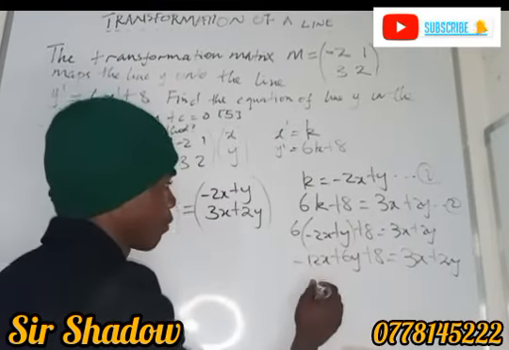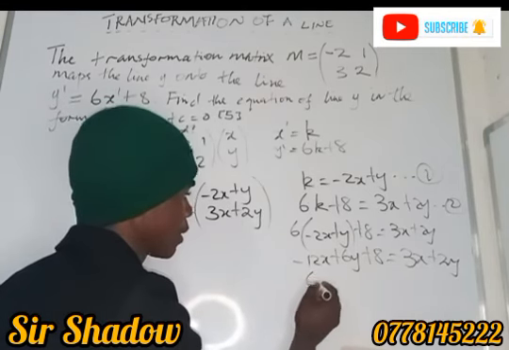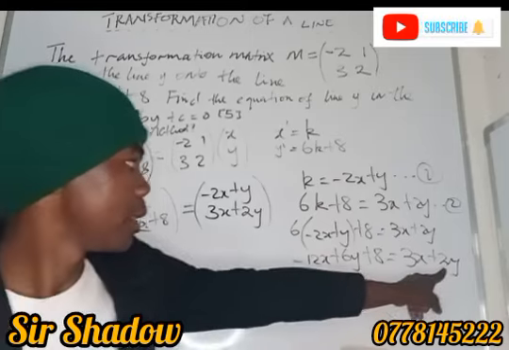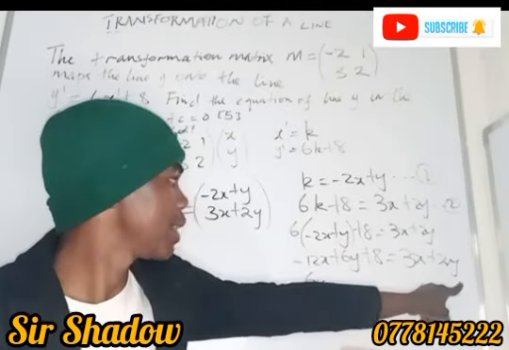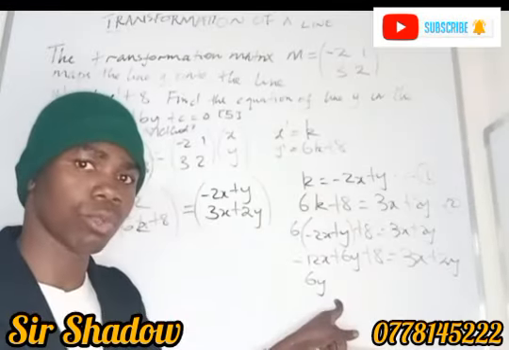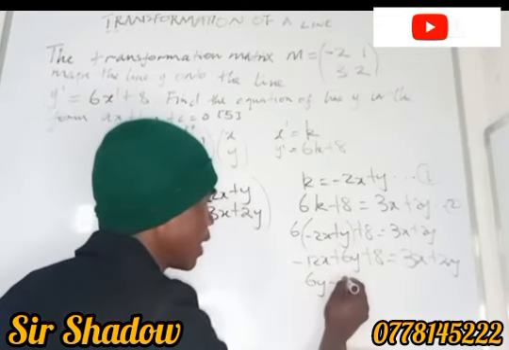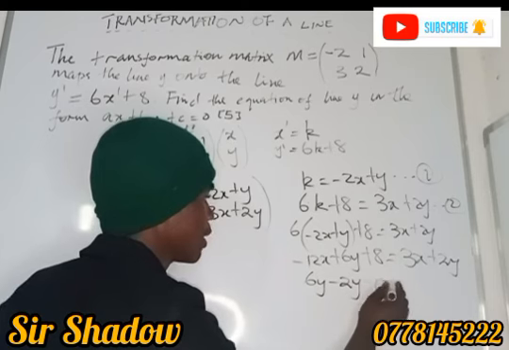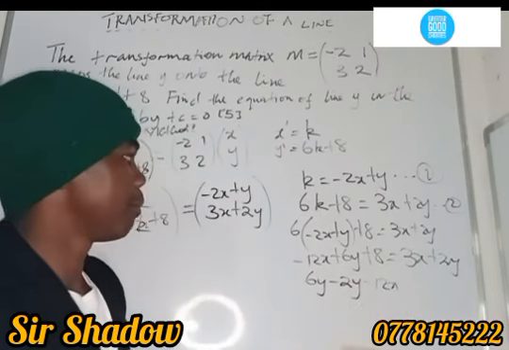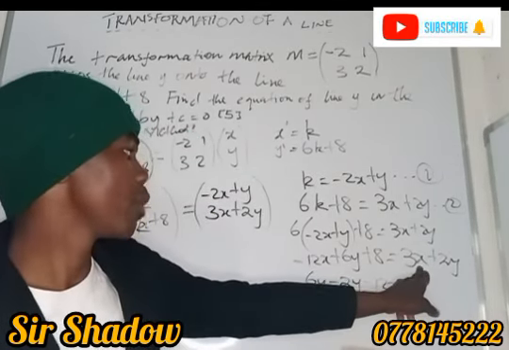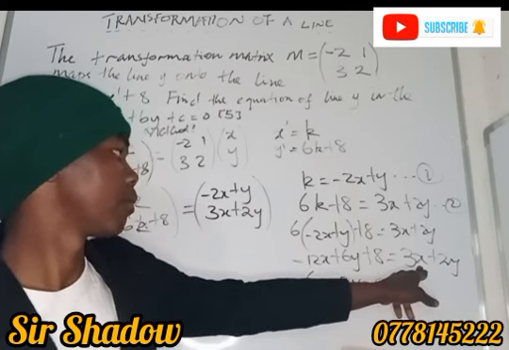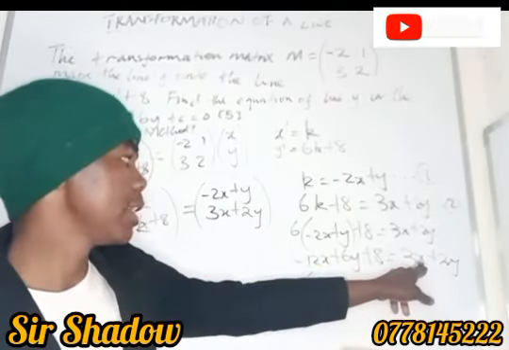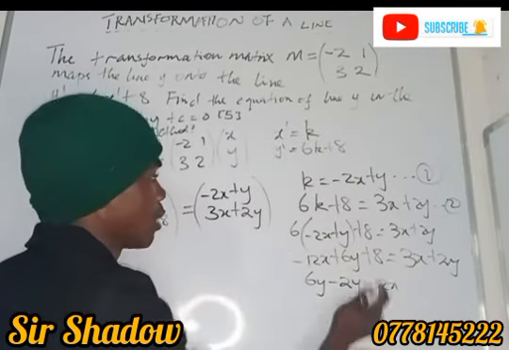Here is 6y here. Then this one, 2y, from this side to this side, which is minus 2y. Then minus 12x to this side. Then this one is 3x from this side to this side.